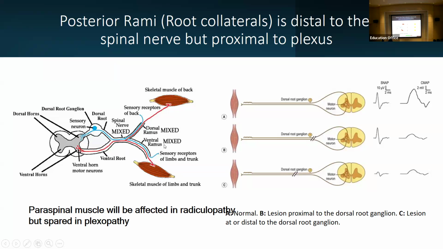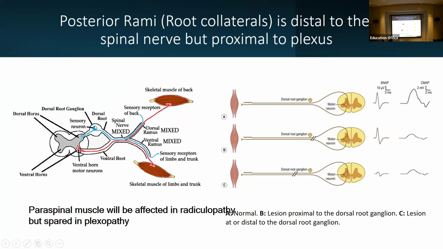And the ventral ramus becomes the brachial plexus. It will go down the neck and into the axilla to supply our arms and hands. For this anatomy, you should know the posterior rami, like here, which is kind of a root collateral.